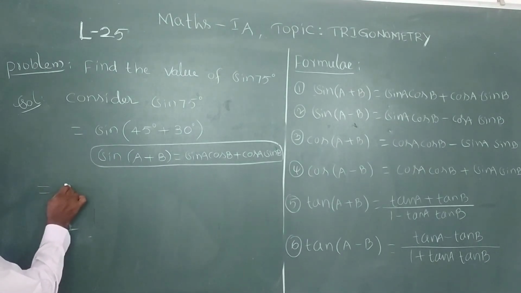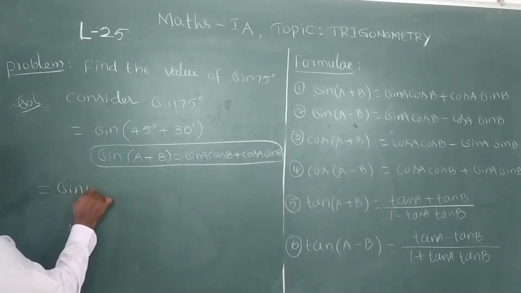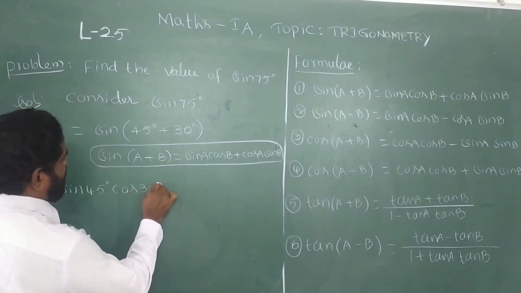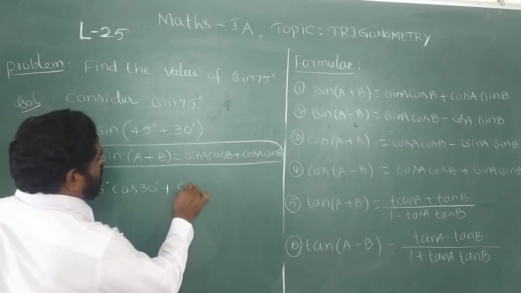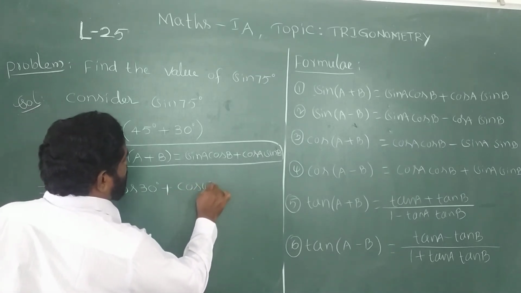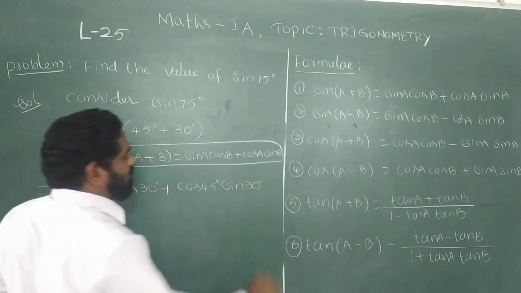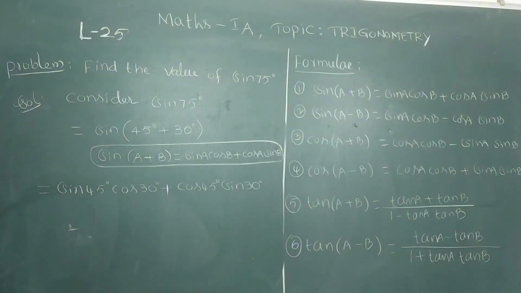A value is 45 degrees, b value is 30 degrees. Understand? Okay.